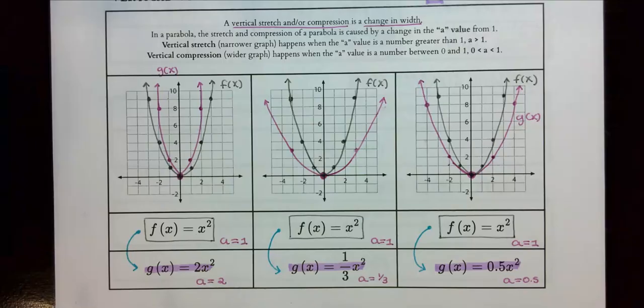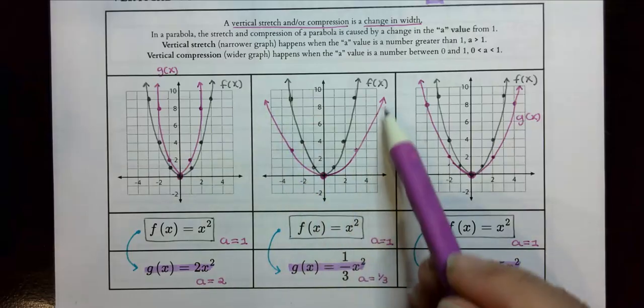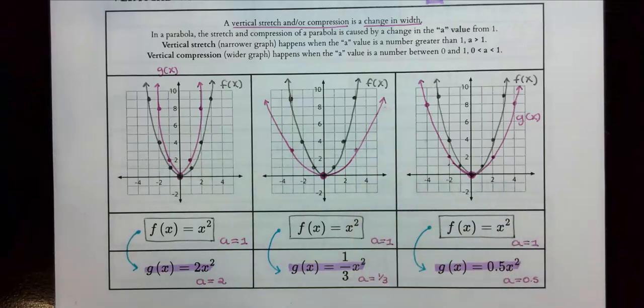One comparison I want to make is which of the two is actually wider. 1/3 is actually wider than 0.5. So the smaller your fraction or decimal gets, the wider your graph is going to be. There are different levels of wideness, and depending on your a value, a smaller number is going to be wider than something that is wide, but not as wide.